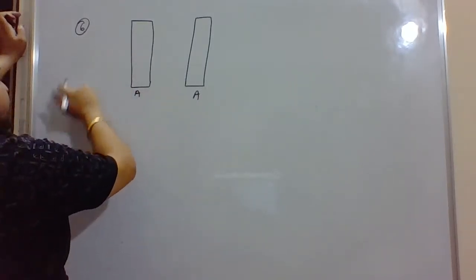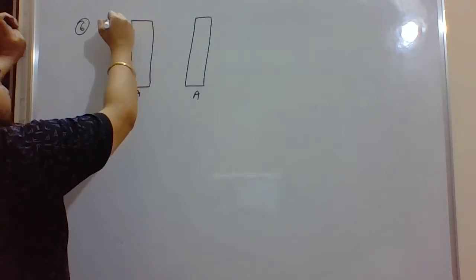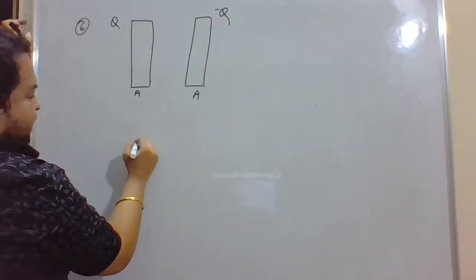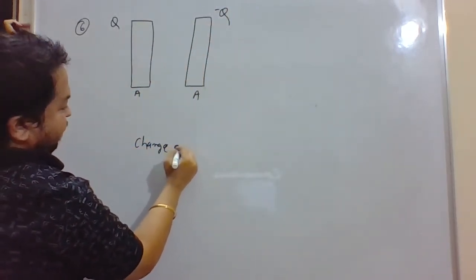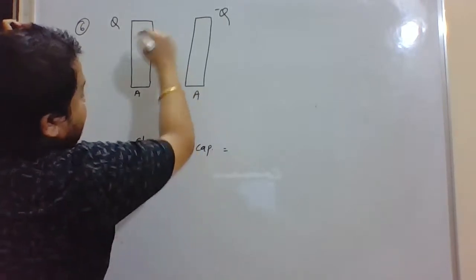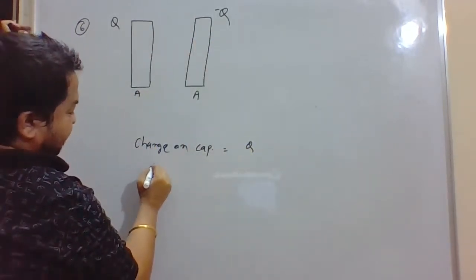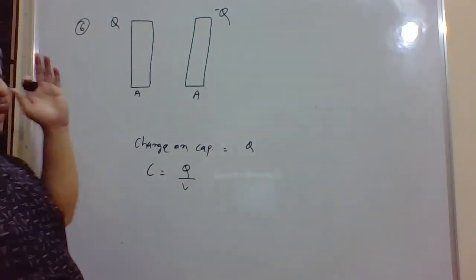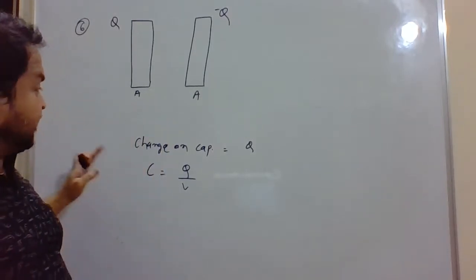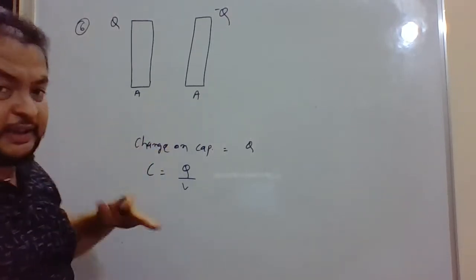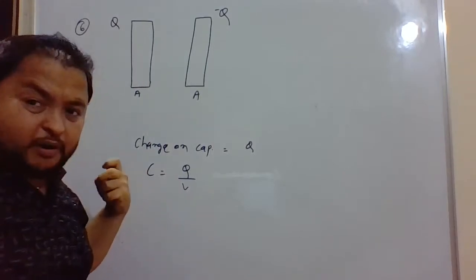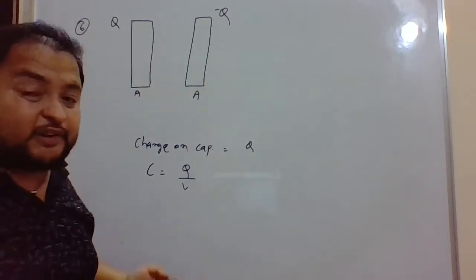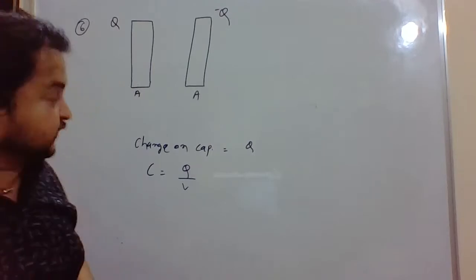In our definition we give charge plus q to this plate and charge minus q to this plate, and we say the charge on the capacitor is plus q, and the capacitance C is q by the potential difference V. This we have already studied and agreed upon in the definition. Now let's do a bit of research: if the charges are not the same, will it form a capacitor, and what would change in that case?